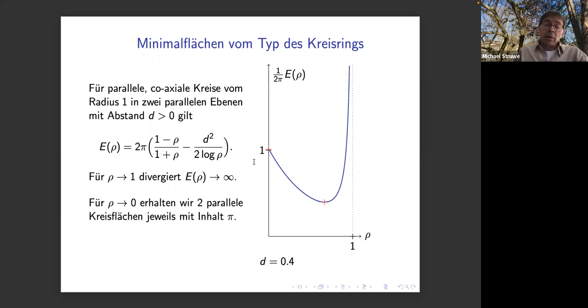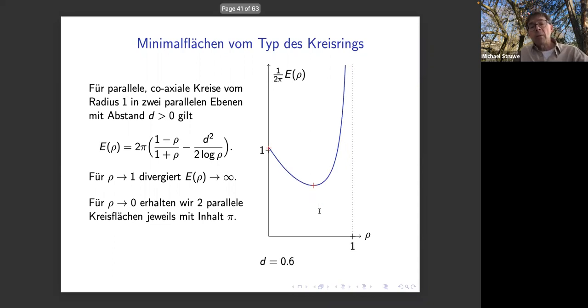It's always there also for very small d, as I had shown you, but at first the energy is very, very close to 1. Whereas the minimum is clearly distinguishable. It's this critical point down here.